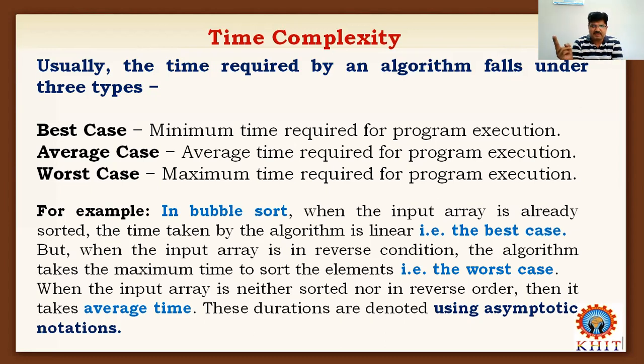Maximum number of steps or average number of steps are required for sorting the elements. Suppose the elements are given in unsorted order, from the highest value to the smallest value.